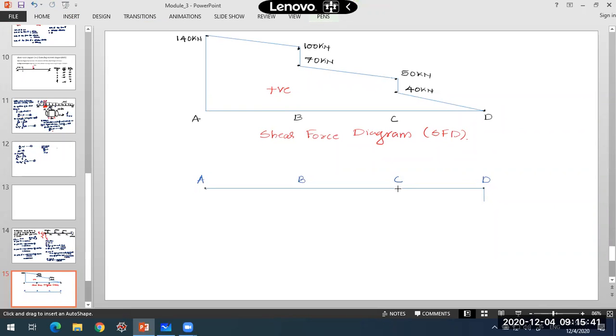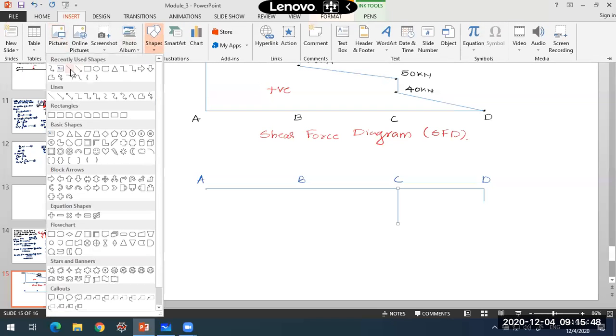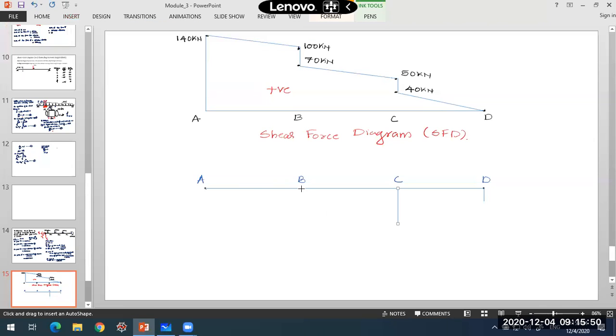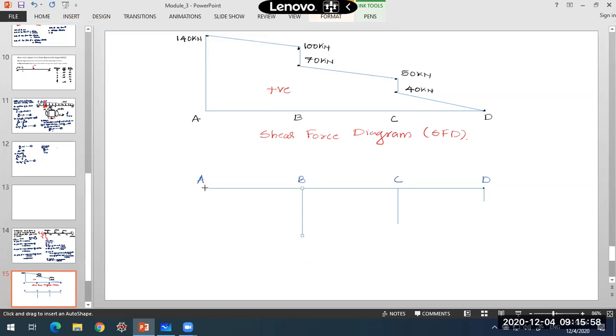At point B we have minus 140, and at point A, minus 380. So these are the ordinates for bending moment.